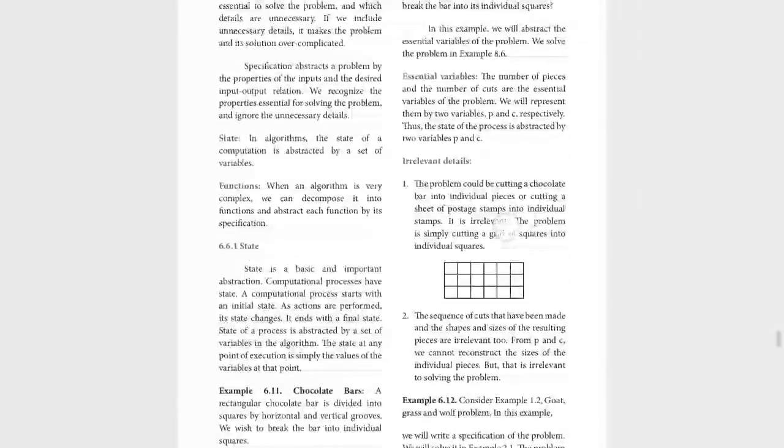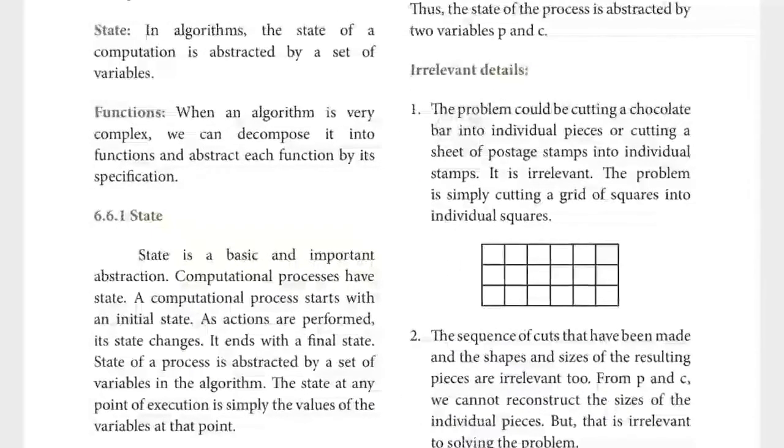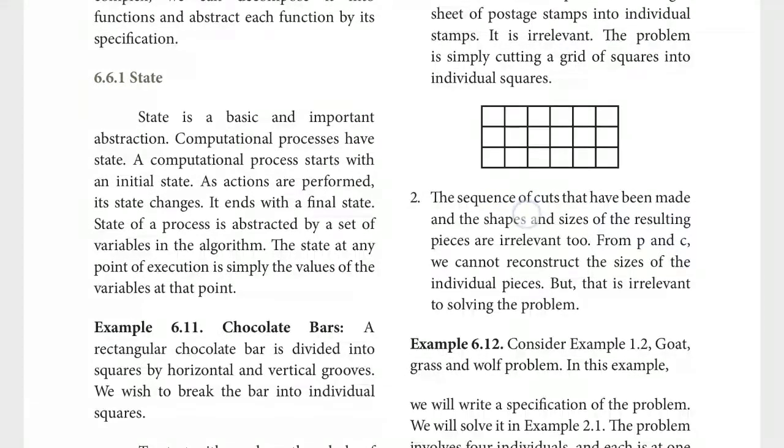Here you can see state. State is a basic and important abstraction. Computation processes have states. A computation process starts at the initial state, and as an action is performed, it changes its state, ending in a final state. The state of the process is abstracted by a set of variables in the algorithm.